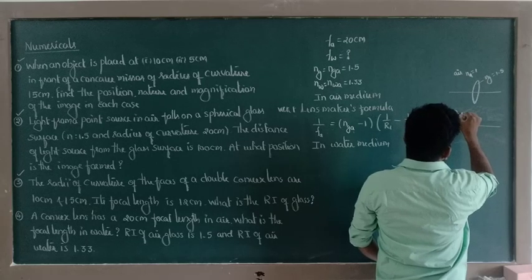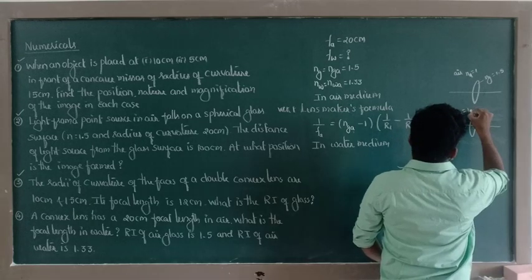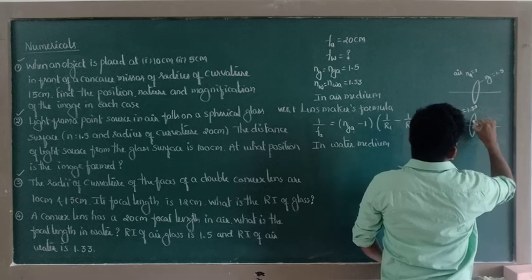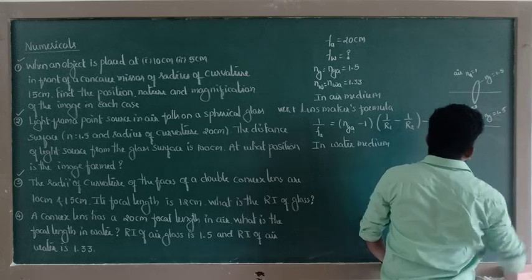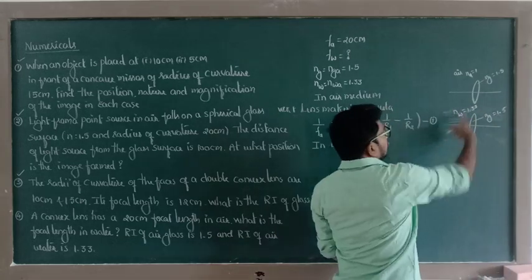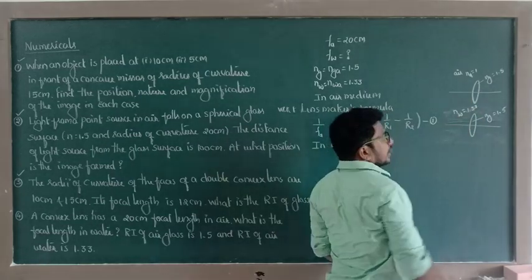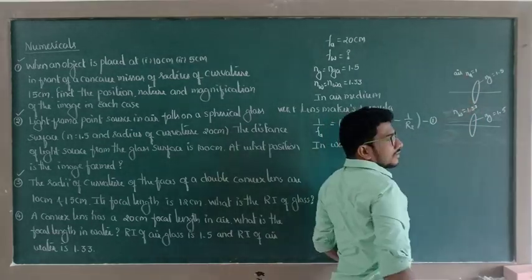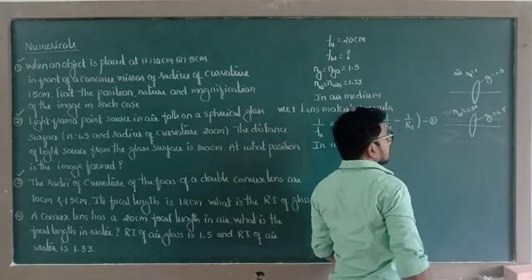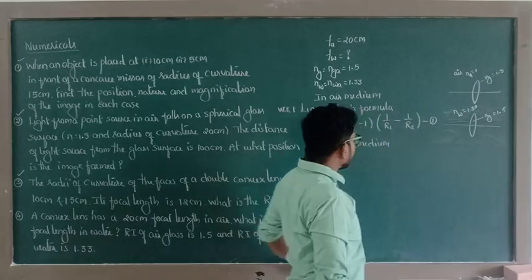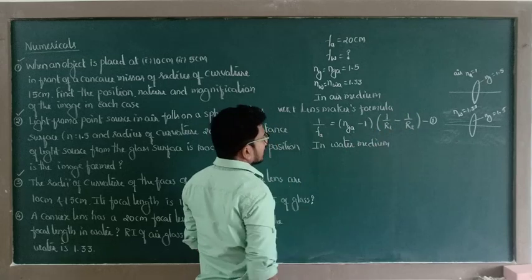N1, that is refractive index of water, is equal to 1.33. Refractive index of glass, Ng, is equal to 1.5. So here first medium is 1.33, second medium is 1.5. When lens is in air medium, first medium is air, second medium is glass. Here first medium is water, second medium is glass. Again I am going to apply this lens maker's formula when that lens is immersed in water.